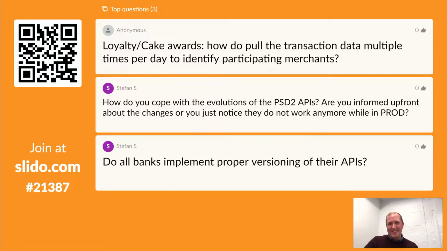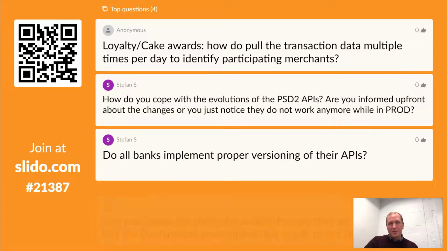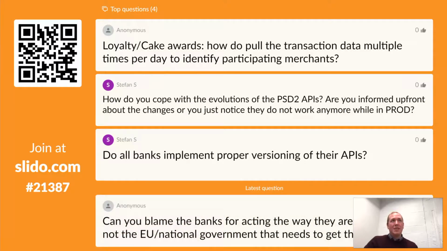Then the next question, when pulling the transactions from the customers, how do you identify the participating merchants? How do we identify them? So we synchronize data about 4 times a day when the customer is not around, and every time that he logs into the app. We have a fully event-based architecture, so we put all those transactions on an event queue, and then we have machine learning models running.